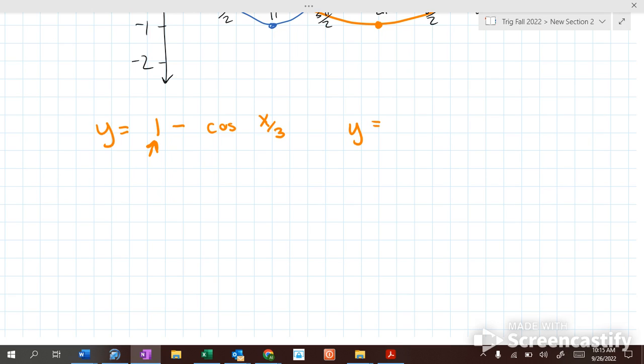What's A? Dale, what's A in this case? Not 1. You're close, but not 1. Parker? -1. Cosine of what's B? What is B, Eli? 1/3 is B. And then it's x. And then, do we have a C? Is there a C there? I see no C. Do we have a D there?